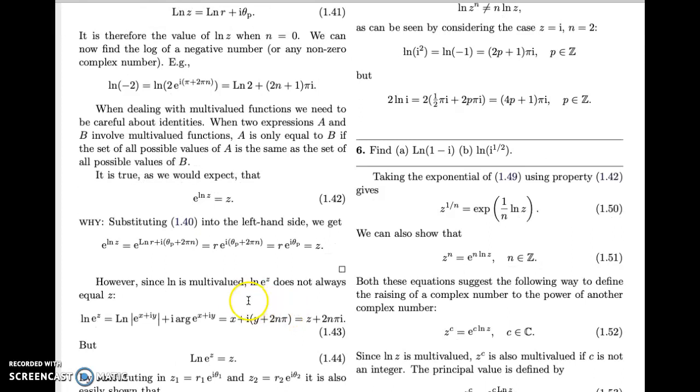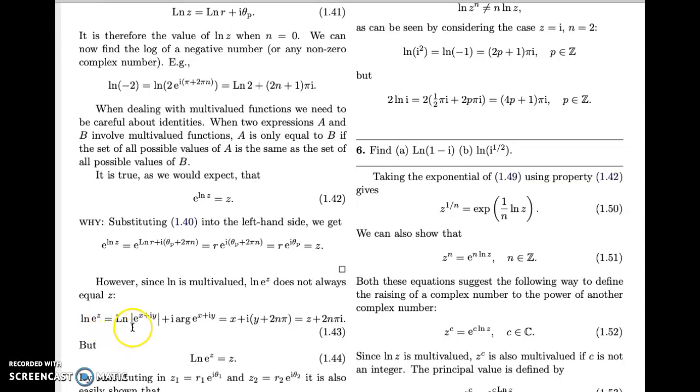However, since log is multi-valued, log of e to the z you would normally think is equal to z, but actually it's not, as we can see. So if you take log of e to the z, what do we get?